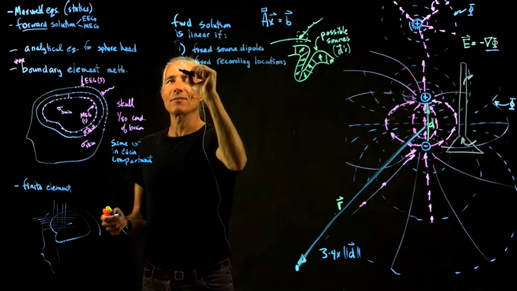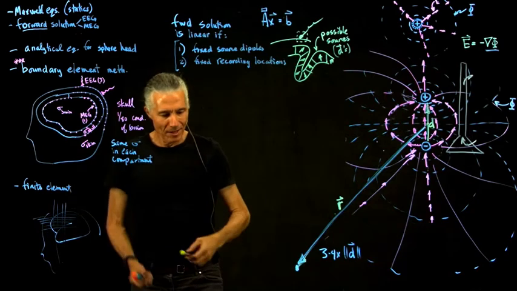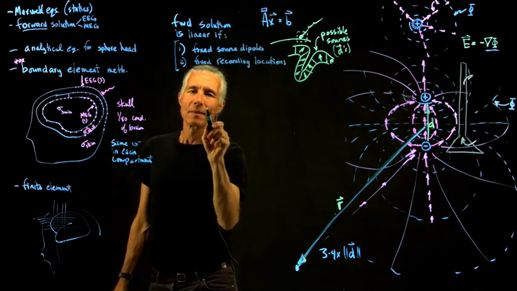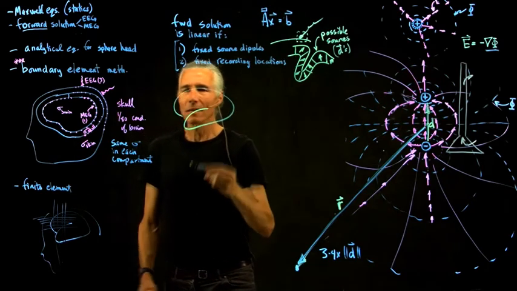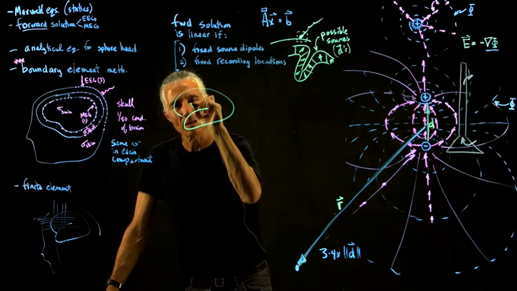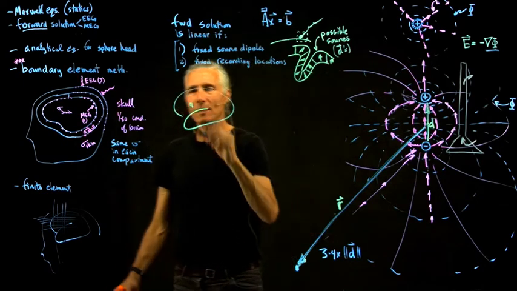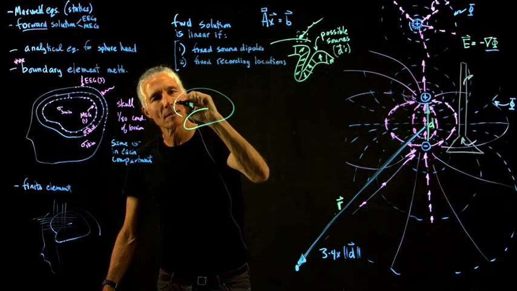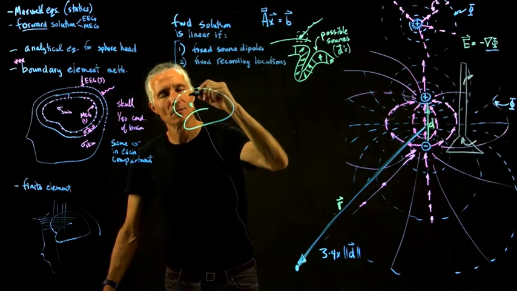But why do we care? What's great about linear? What's great about linear is that say we've got a source over here, and we calculate the forward solution from that single source to all these points where our electrodes are.